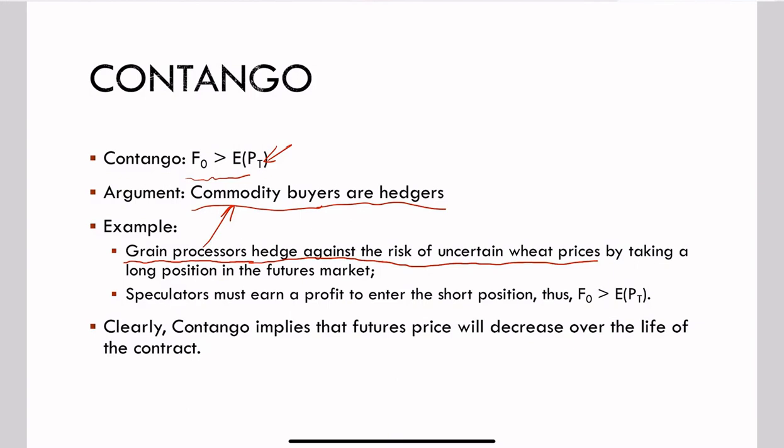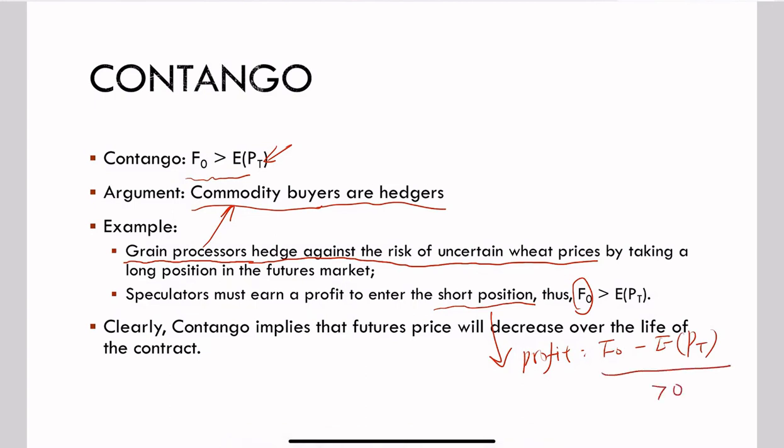So this basically means that these processors will have to give the short position some positive profit to induce the other party to take this short position, right? So this implies that the initial futures price has to be larger than this expected spot price. The reason is because for a short position, its profit is given by F0 minus the expected spot price. So this has to be positive.